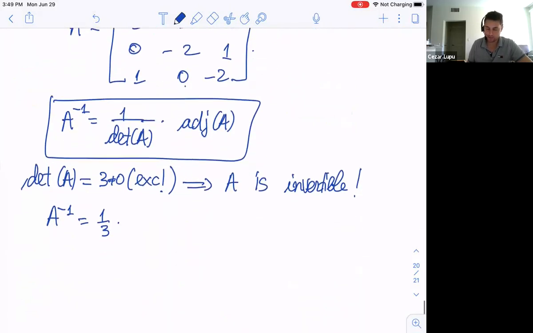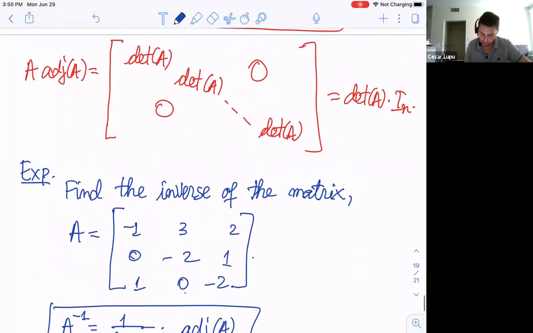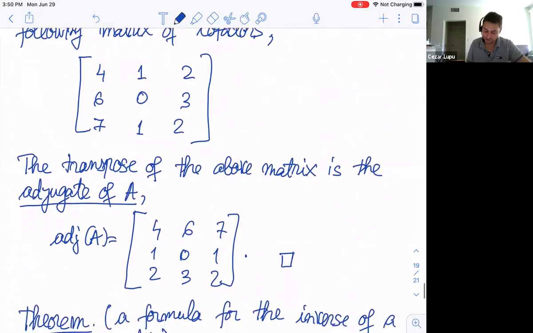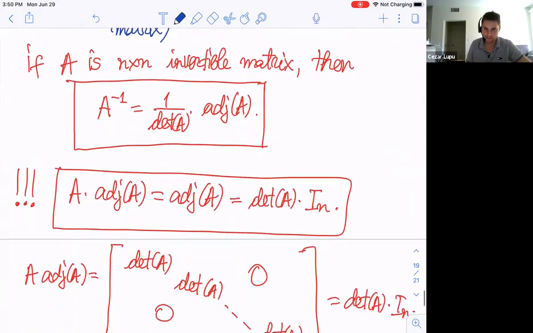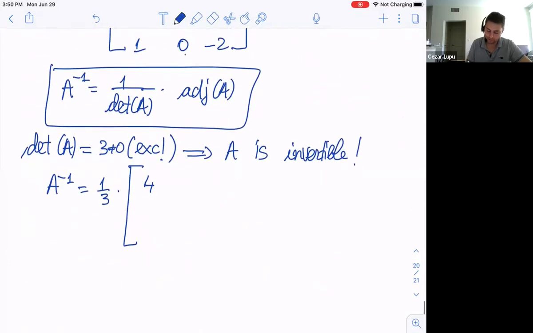In our case, once you do all this computation, I'm just going to leave it to you as an exercise, the adjugate will be nothing else than just, I think, 4... wait, let me look. Yeah, it's the same matrix: 4, 6, 7, 1, 0, 1, and 2, 3, 2.